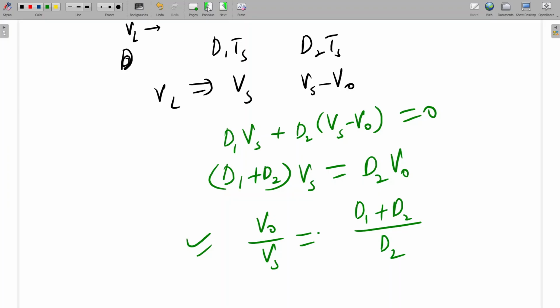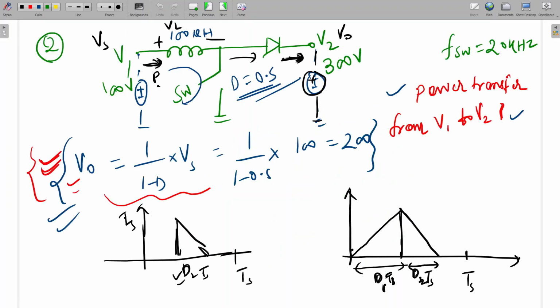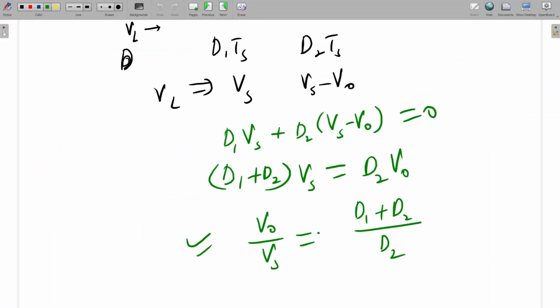Can anyone tell what will be the value for D2? The V1 is 100 and Vs is 100, V0 is 300. So here 300 by 100 should be equal to 1 plus D1 by D2. Okay.